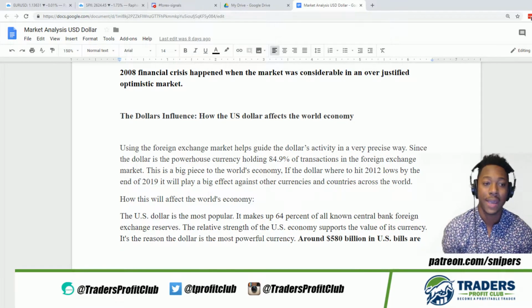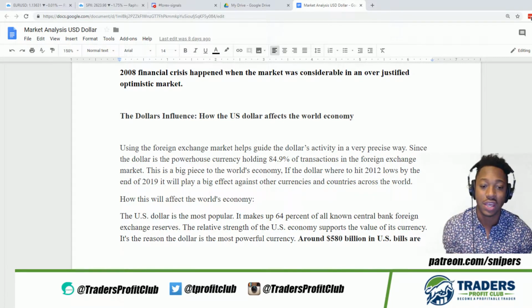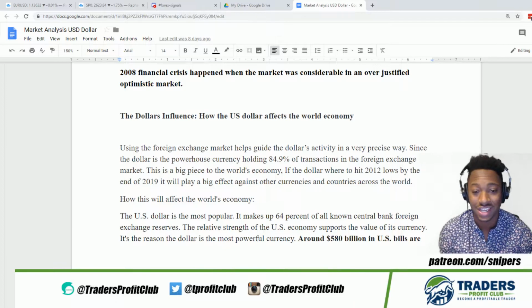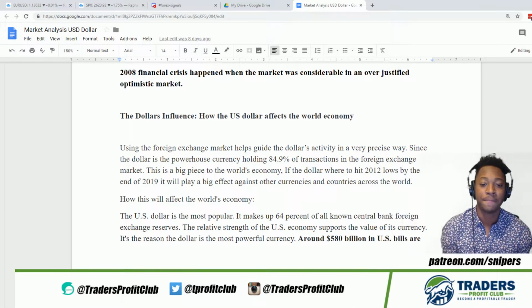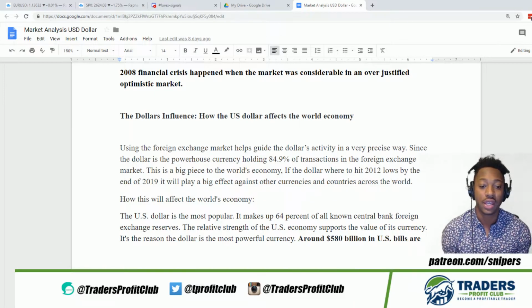That's why all major currency pairs, major currency swaps, have to have a US currency in them: Euro USD, USD NZD, Great Britain pound US dollar, Japanese yen US dollar, and so forth. You guys know that the 8 major pairs are anything paired against the US dollar, which is essentially a major currency pair. So that is what we're talking about when we talk about the US dollar and how powerful it is.